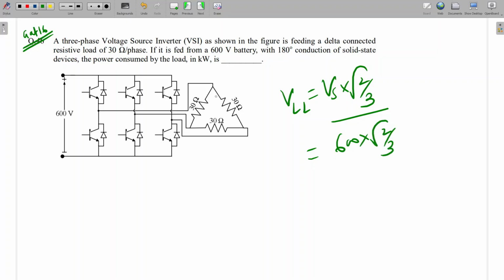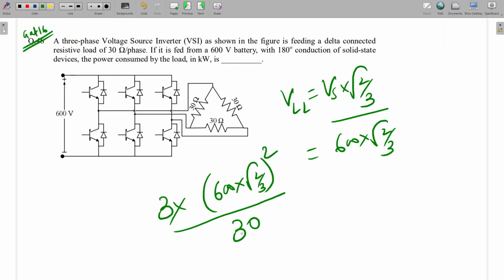And per phase power will be V RMS whole square by R. So three phase power will be 3 into this V RMS whole square, so 600 into root 2 by 3 whole square divided by 30. Is it clear? So how much are we getting for this one?